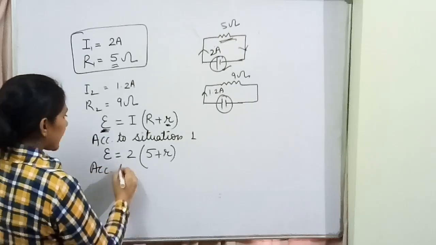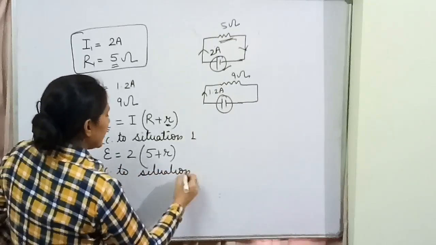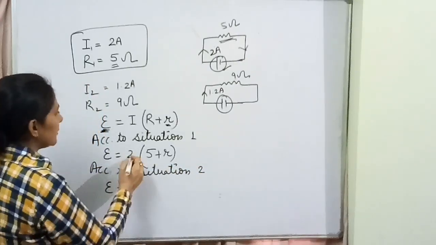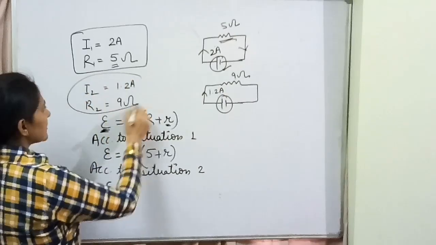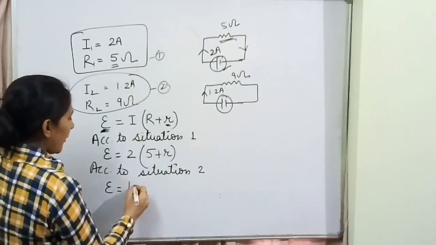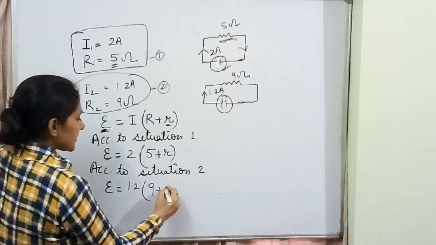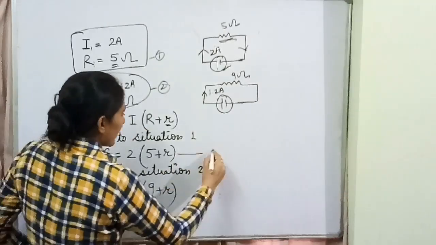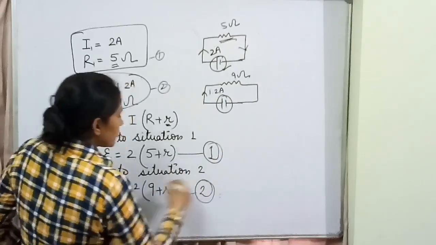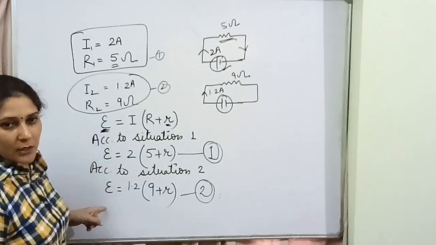And according to situation 2, what we can write here is, again E is equal to I, this is our second situation, this is first and this one is second, that is 1.2 into R, the value of R is 9 plus r. Now we have these two equations. This is equation number 1. This is equation number 2. From these two equations we can find out the values of E and r very easily.